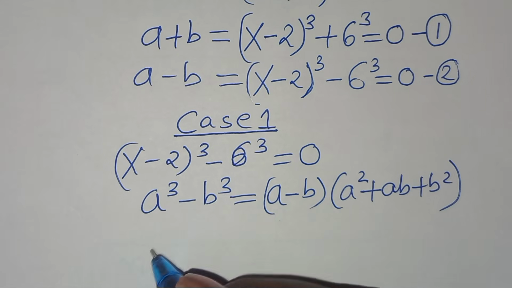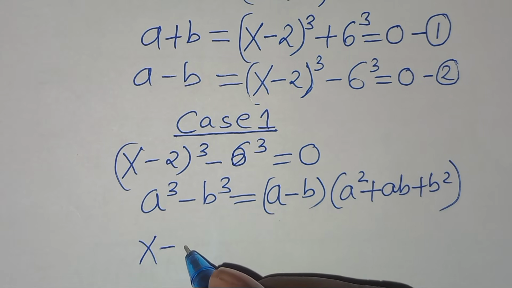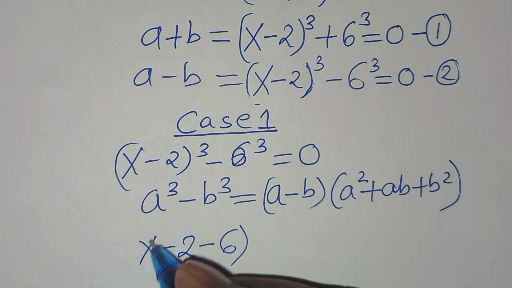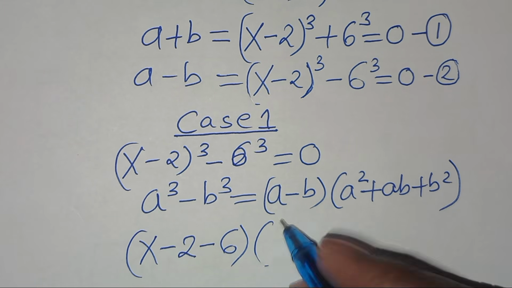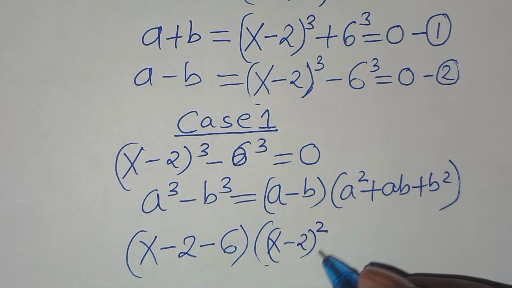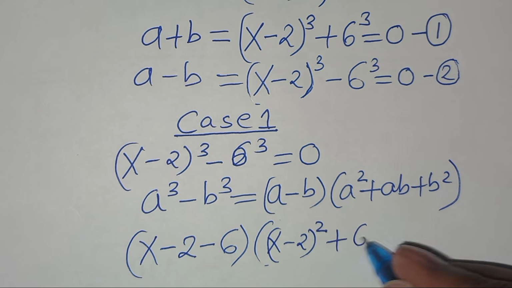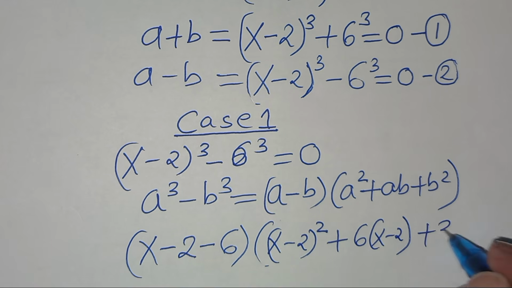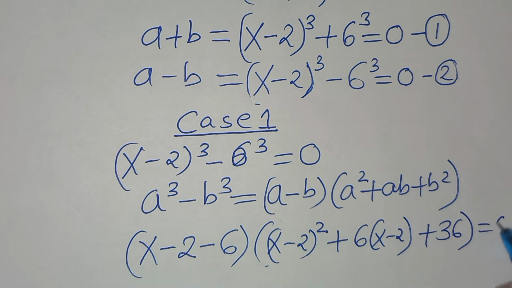So substituting here, we'll have (x - 2 - 6) times ((x - 2)^2 + 6(x - 2) + 6^2), which is 36. This is equal to 0.